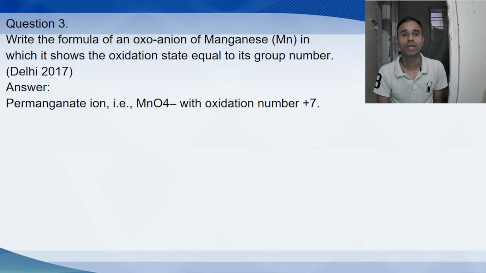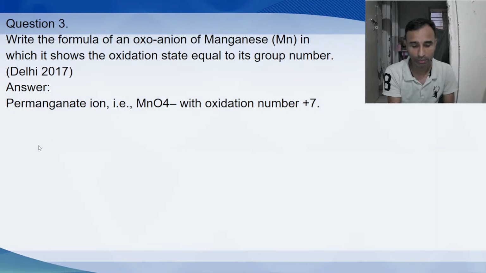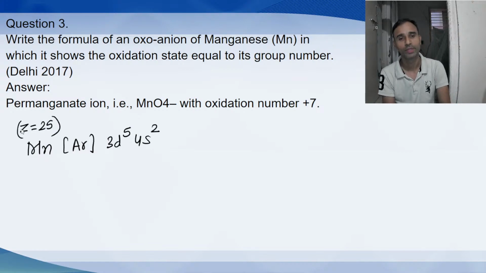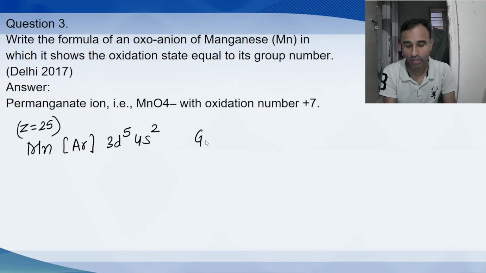Next question. Write the formula of an oxoanion of manganese in which it shows the oxidation state equal to its group number. So see, what is the electronic configuration of manganese? It is argon 3d5 4s2, and its atomic number is 25. Now, how do we calculate group number in case of D block elements?